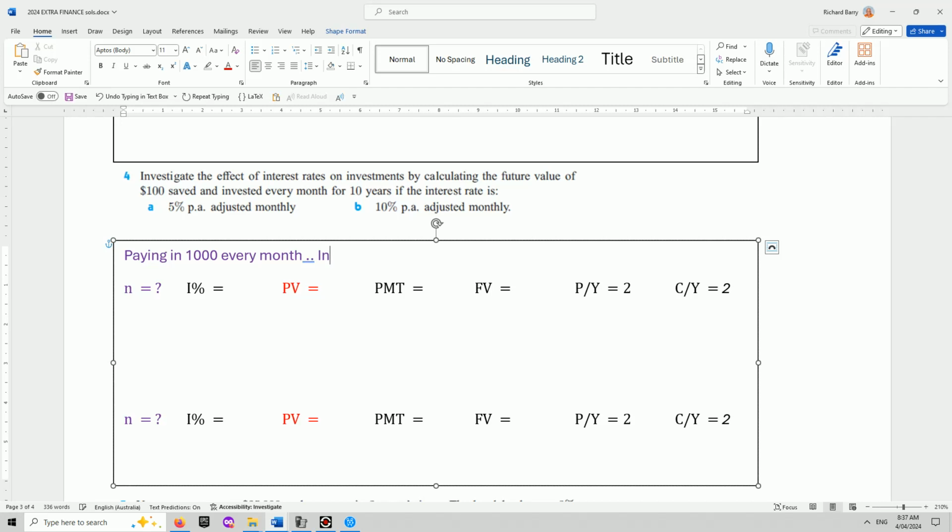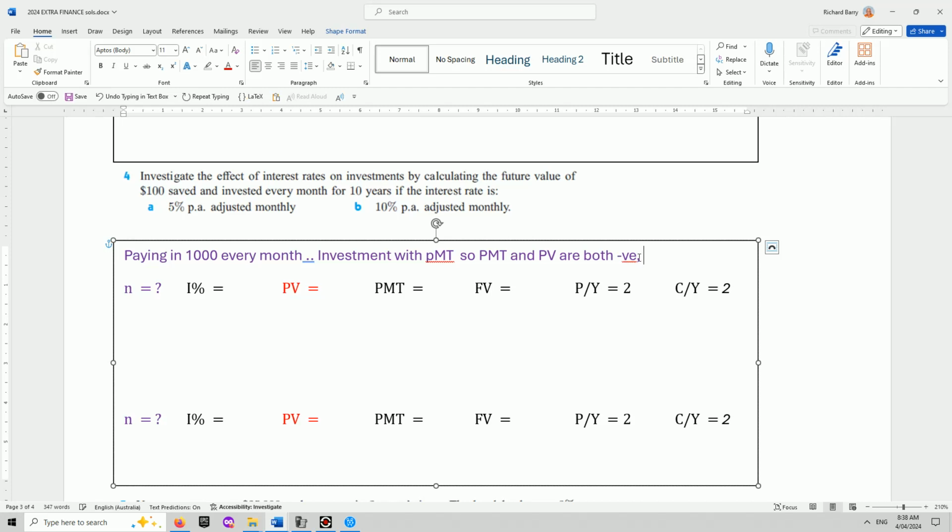So it's an investment with payment. That means payment and PV are both negative because you're putting that money in. Looks like we start with no money.